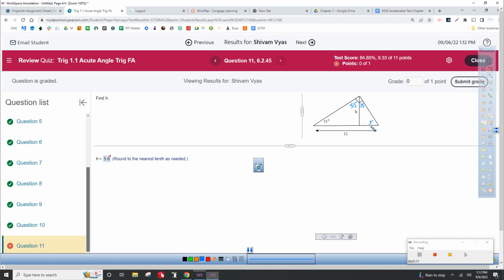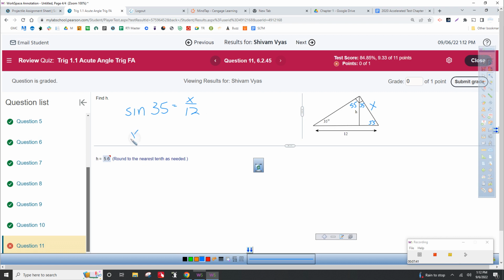So I didn't get any of those wrong. Let's find x. According to the 35, x is opposite, 12 is hypotenuse, right? Opposite over hypotenuse. So this is the same thing we did. Sine of 35 is x over 12.